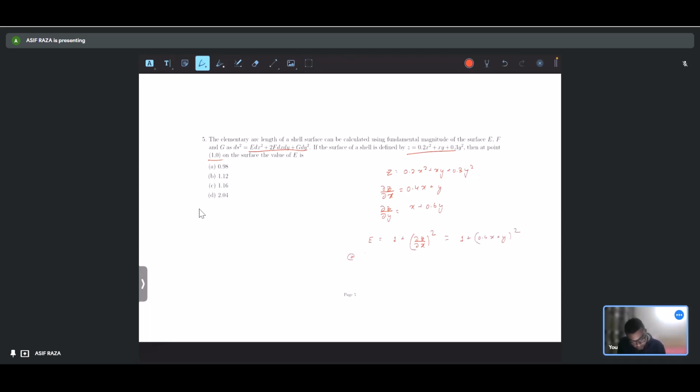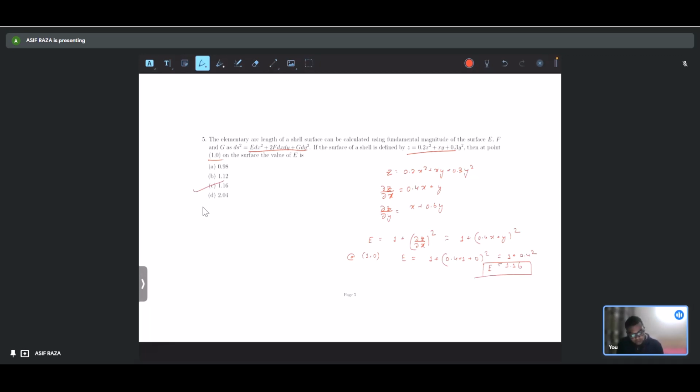At (1, 0), E is 1 plus (0.4 into 1 plus 0) whole square. This is 1 plus 0.4 square, which is 1.16. So E is 1.16.